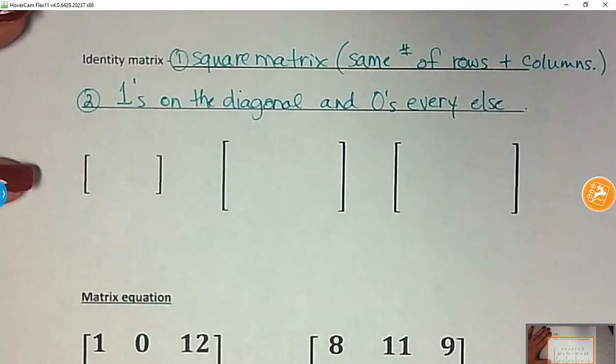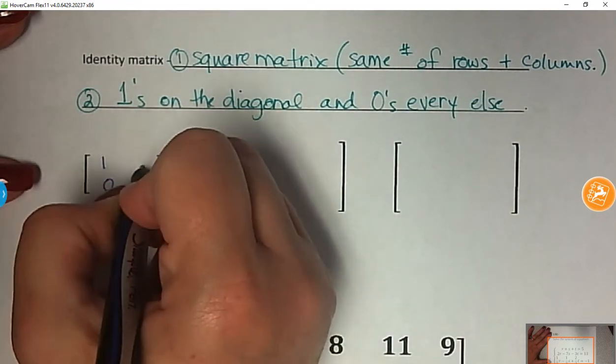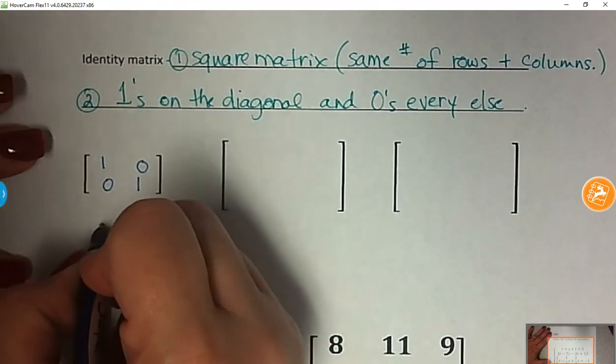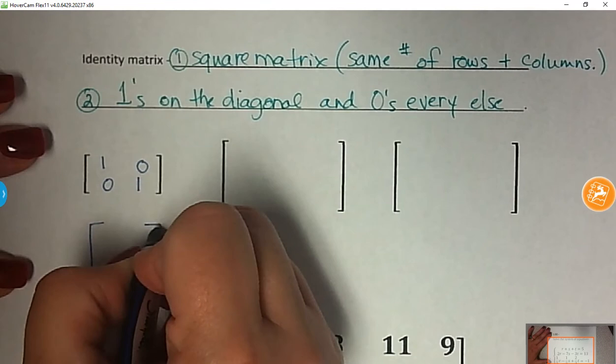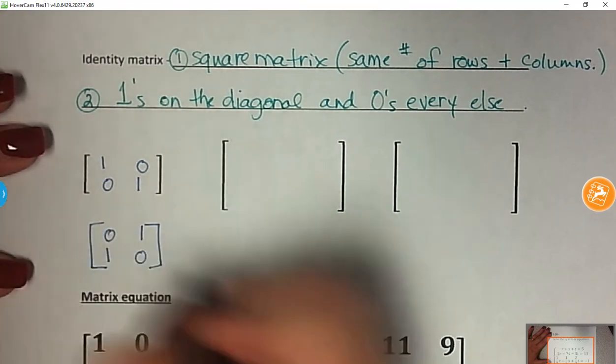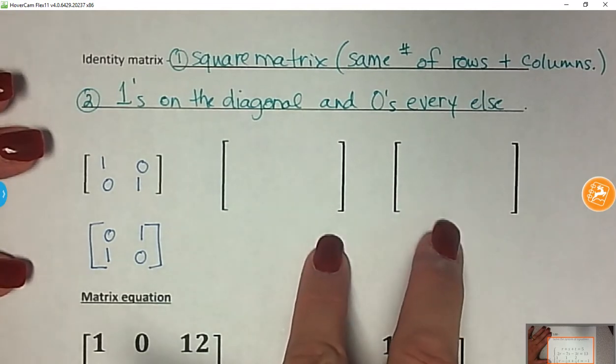Right, so we're going to look at a couple of these. If I start out here, this is a 2 by 2. That is an identity matrix. Now, the thing is, your diagonal could also go the other direction. So it might look like this. Now, let's take a look at the 3 by 3s.